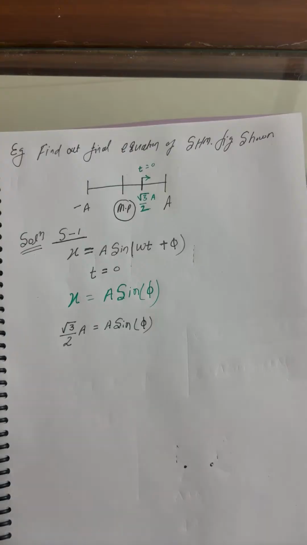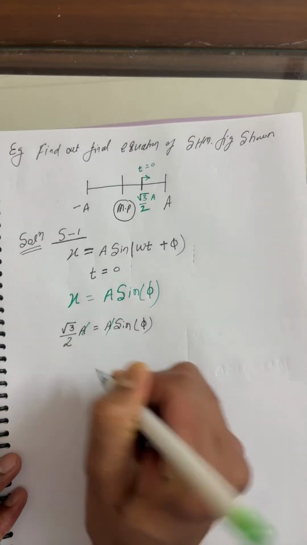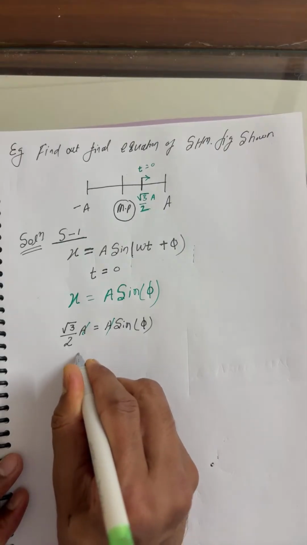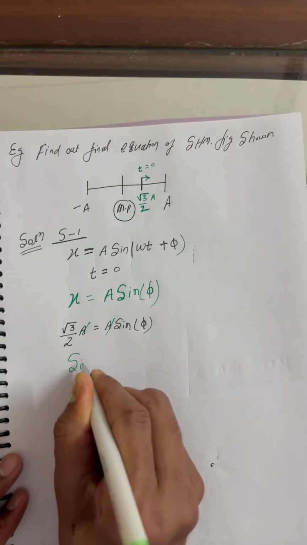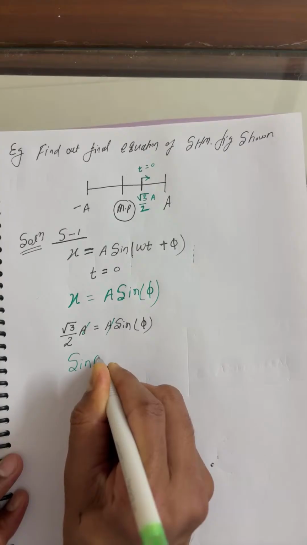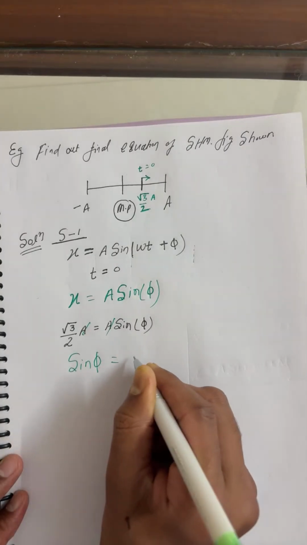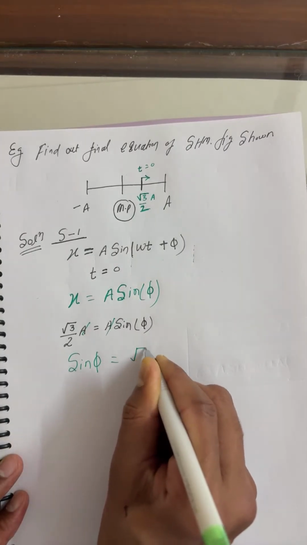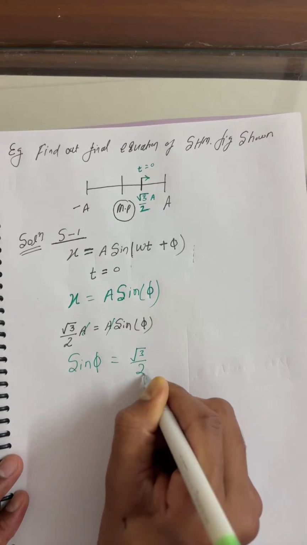Now you can cancel this A. So finally, students, we got sine phi equals root 3 by 2.